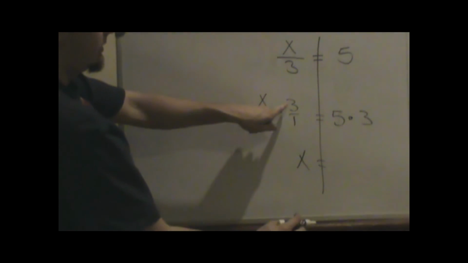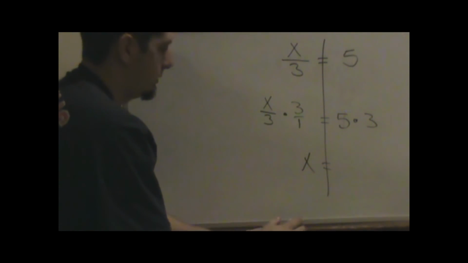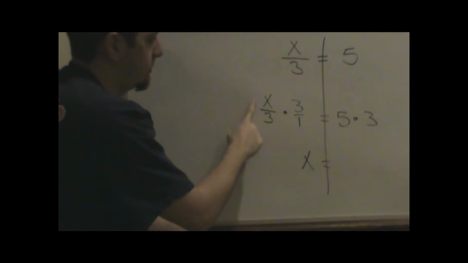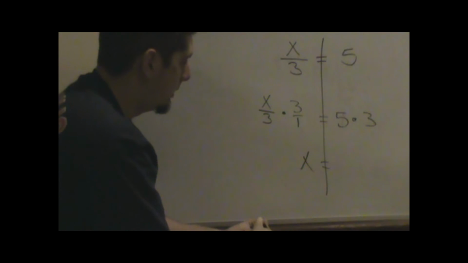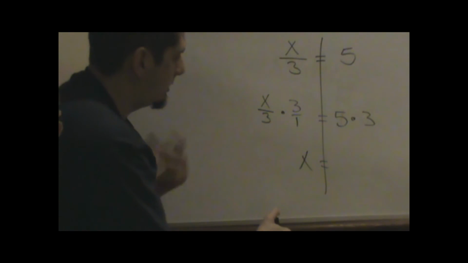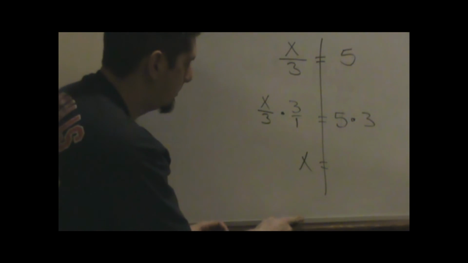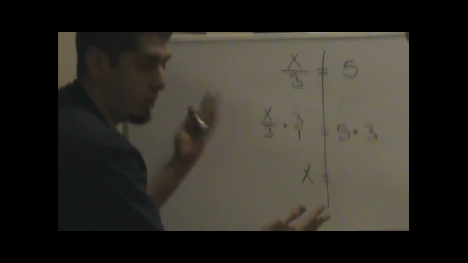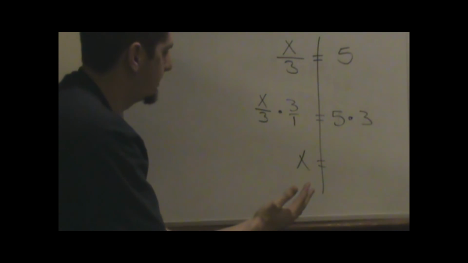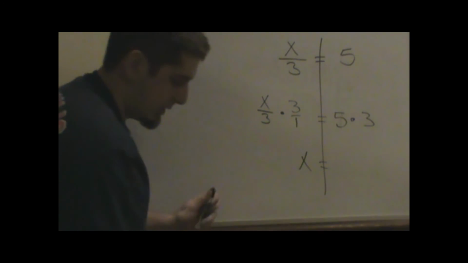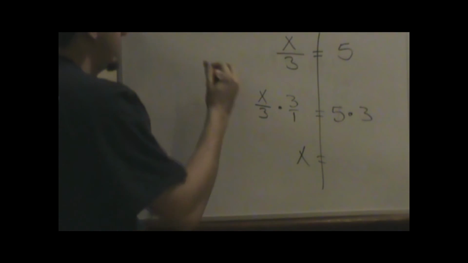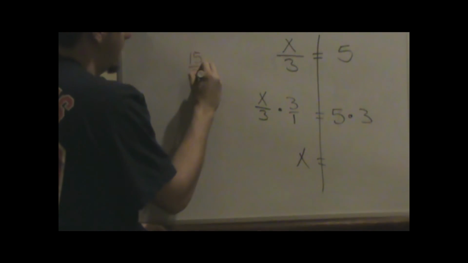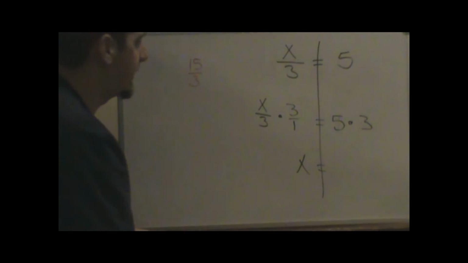The only reason why I put this 3 here over 1, I put it in fraction form, is because my x over 3 is technically in fraction form. So it's a little easier to comprehend when things are in the same form. But just as all the other ones we've done so far, it works exactly the same way. If I pretend that x is 15 and I divide it by 3, I'm going to get an answer of 5.